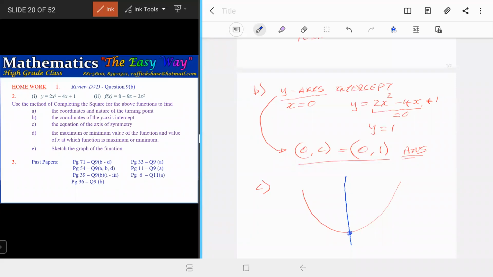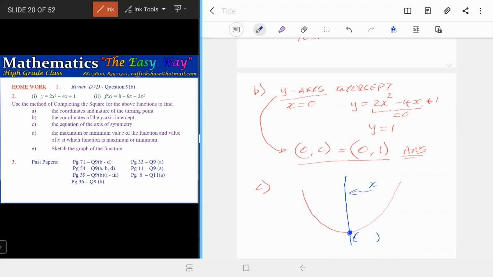When we learn the topic of coordinate geometry, we will learn that vertical lines carry an equation, x equals a number. That's the equation of any vertical line, x equals a number, and the number is the x value at the point that it passes through.